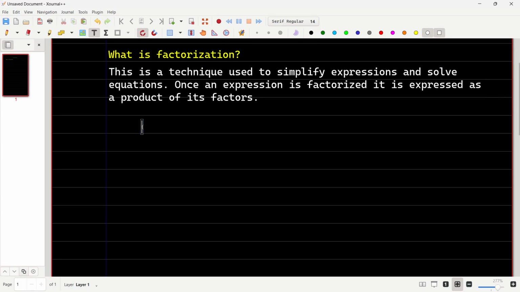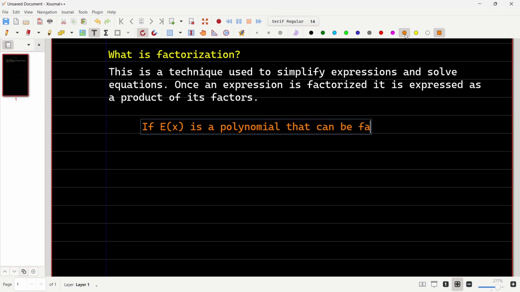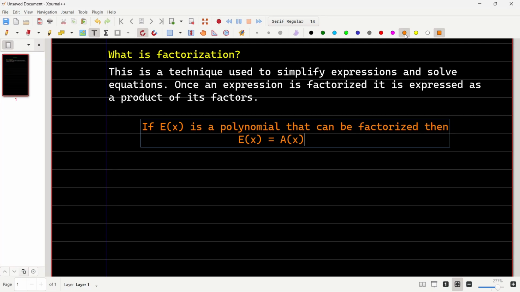So let's say, I'll put this in orange. Let's say if e of x is a polynomial that can be factorized, then we can say that e of x can be written as a of x times, I'll put a dot in between there, times b of x.